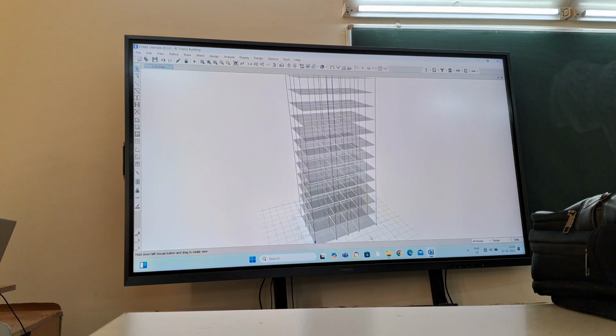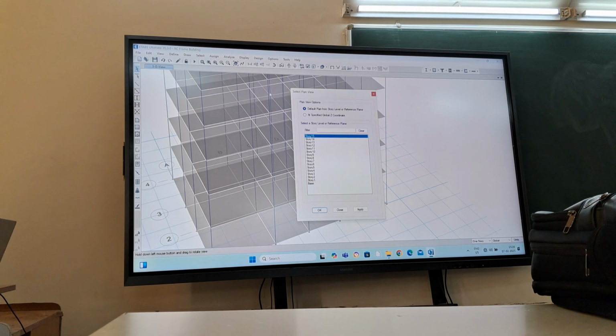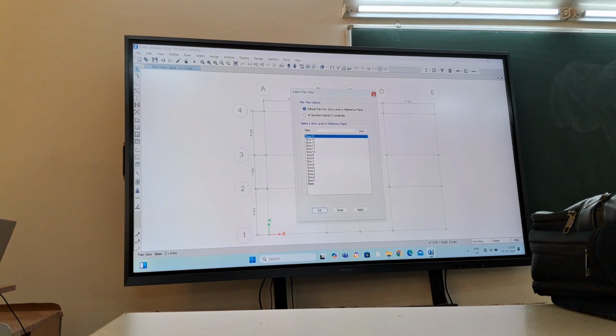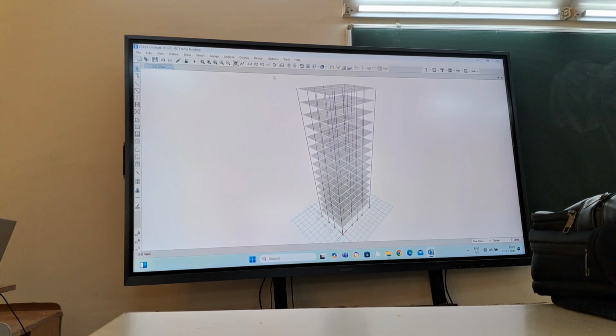It also draws a slab at the base. So this you have to do now. Here you just check this one story, and you can go to plan. Now you can select all these panels. So this is the way you can model.